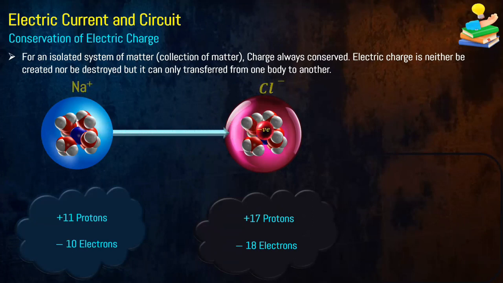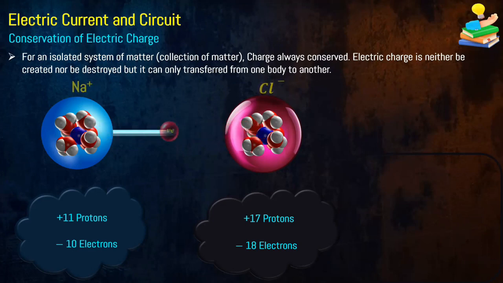Finally, 10 electrons will be present in the sodium atom. After that, one electron is received by the chlorine atom. Initially 17 electrons. After receiving one electron from sodium, finally 18 electrons are present in the chlorine atom.